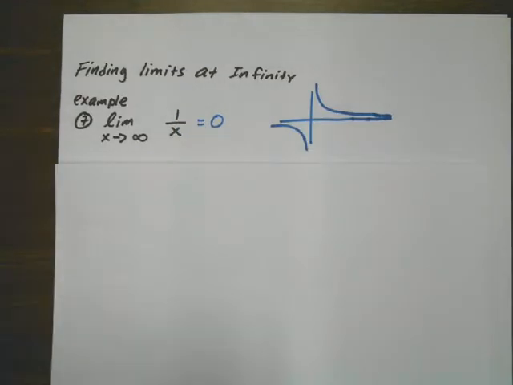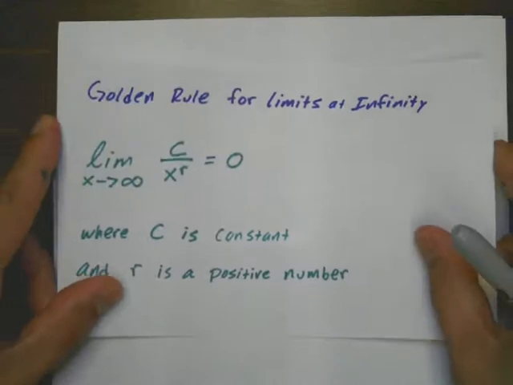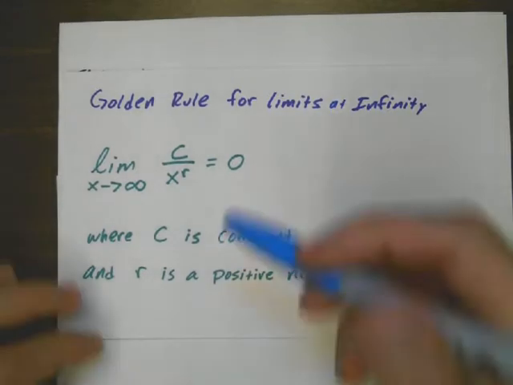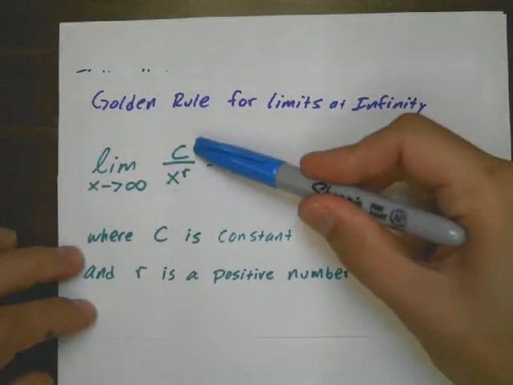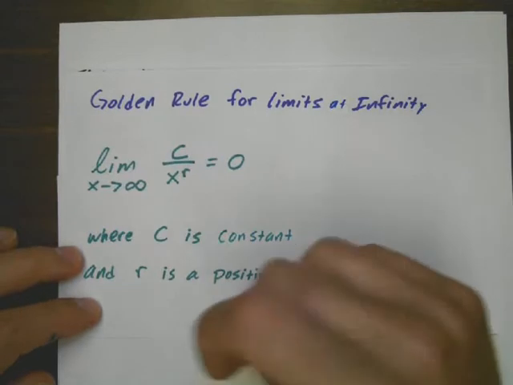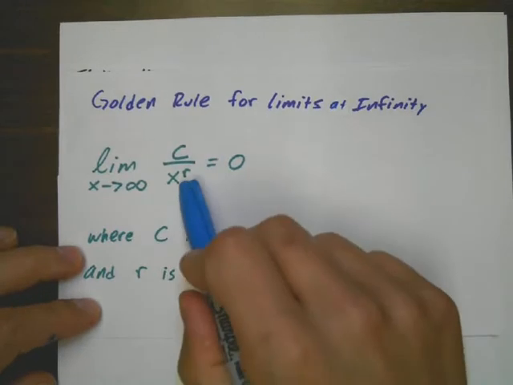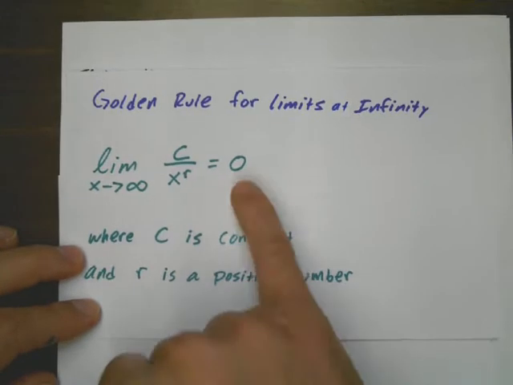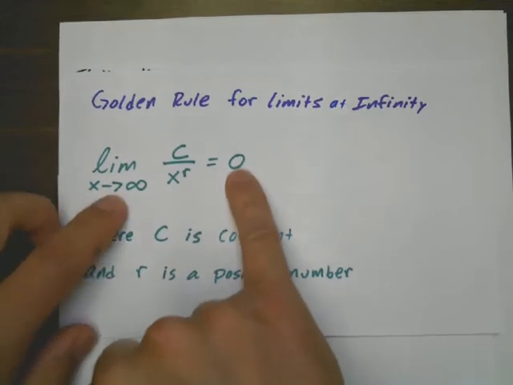This is summarized by what I call my golden rule for limits at infinity. If you have any constant c, and any power of x in the denominator, the limit as x goes to infinity is equal to 0.